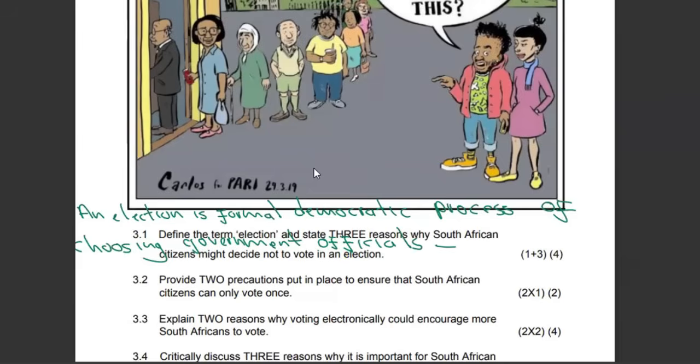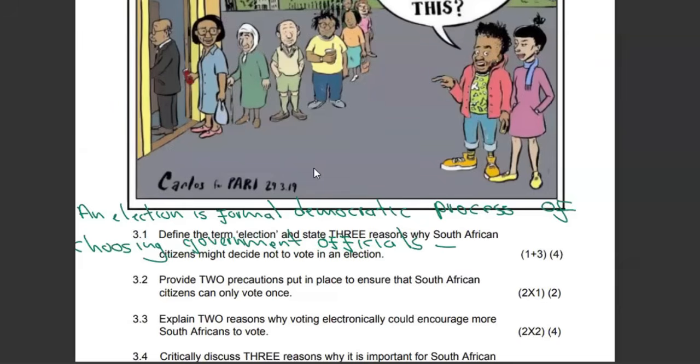So that is a formal democratic process of choosing government officials or politicians. So it is a democratic process. Therefore, it is very, very important.